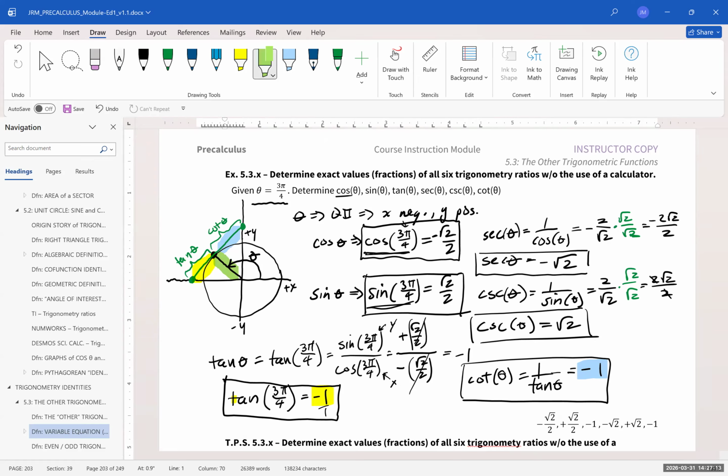So you can see how our angle changed the geometry of these 6 trig functions and produced an isosceles triangle where we've got a 45-degree angle there, 45-degree angle there, and a 90-degree angle there.